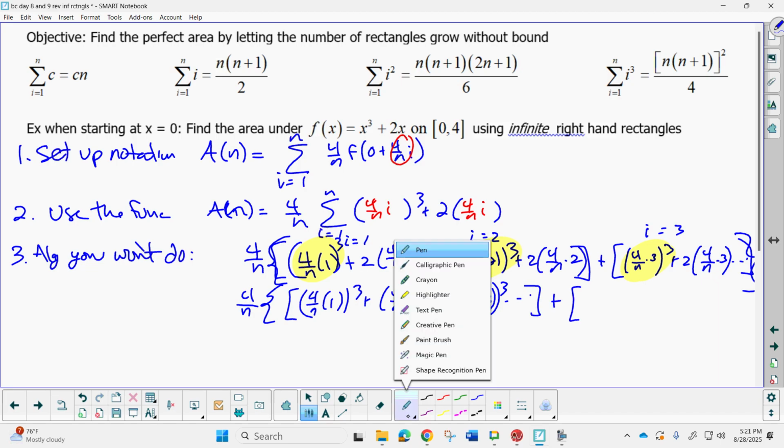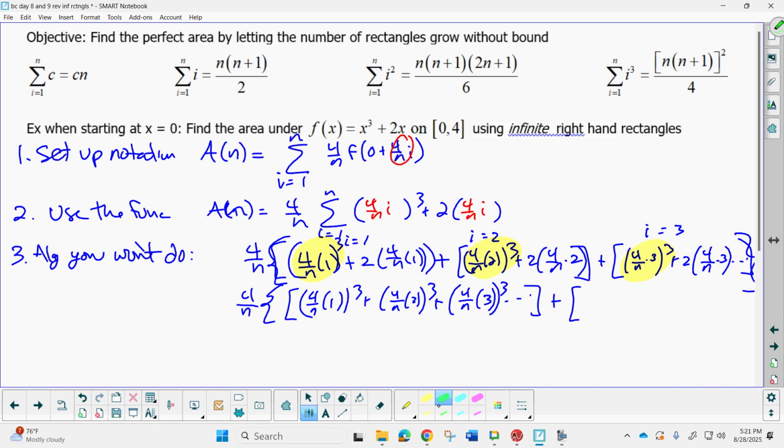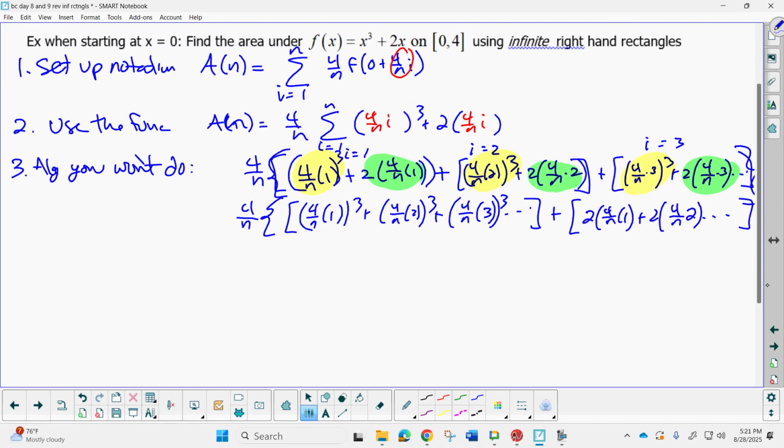And then I could regroup and put all of the 2 bad boys together. And they would be 2 times 4 over n once plus 2 times 4 over n twice. And I could group those all together. Still is a mess. Still don't even know what to do, but we're getting somewhere.